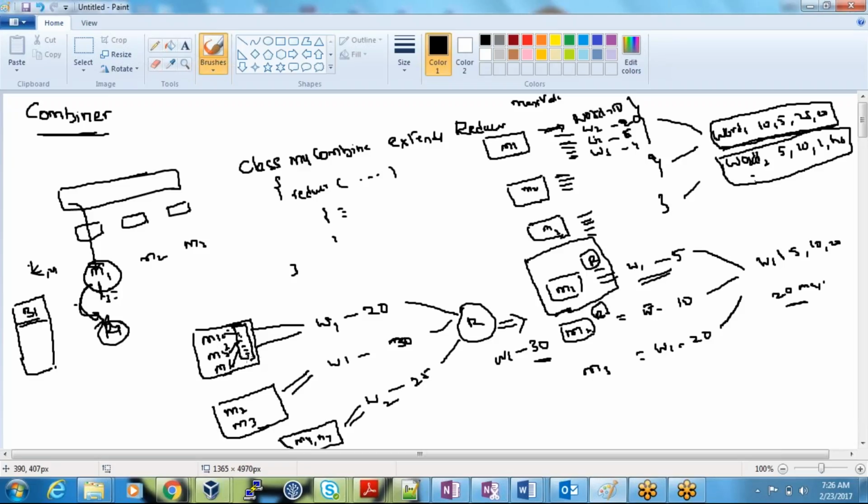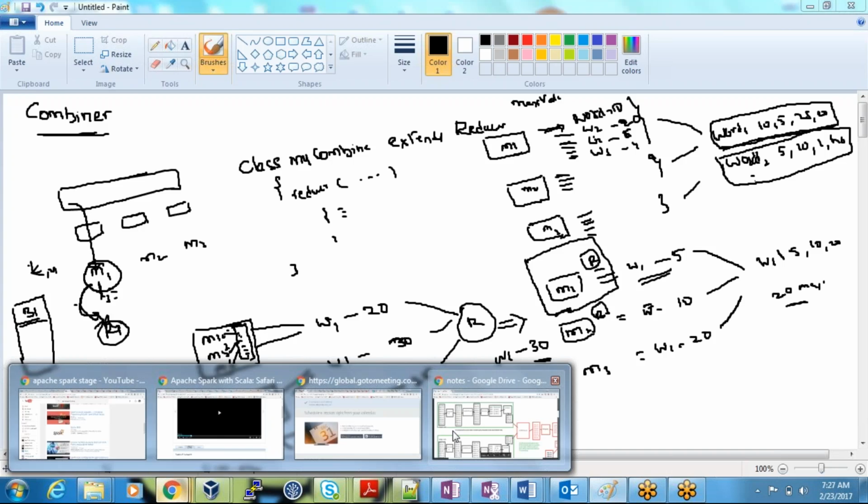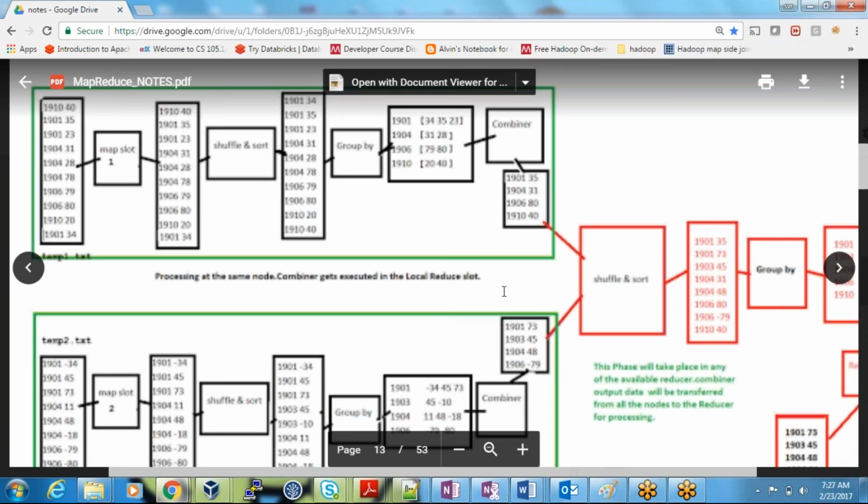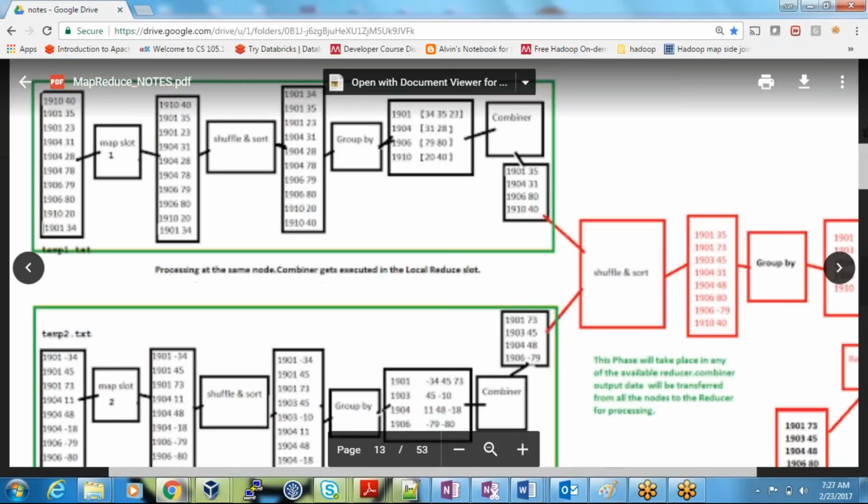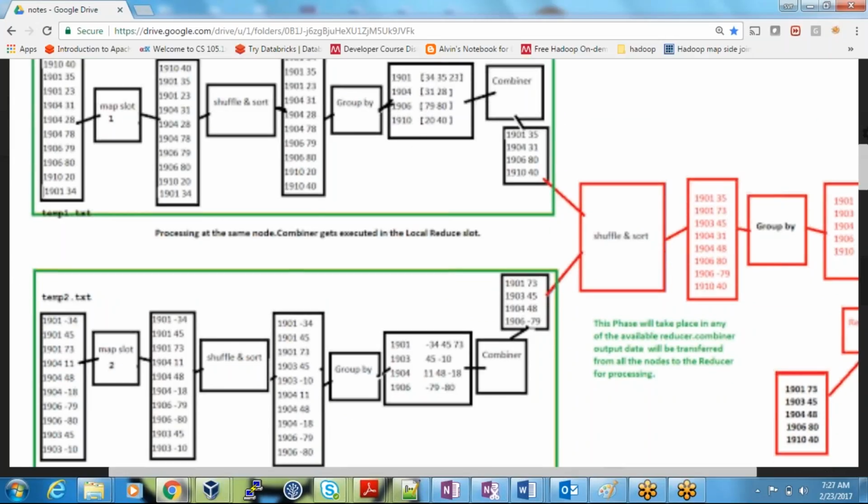All the mappers' data can be aggregated, so we may reduce the amount of data transferring to the other phase, through the network.